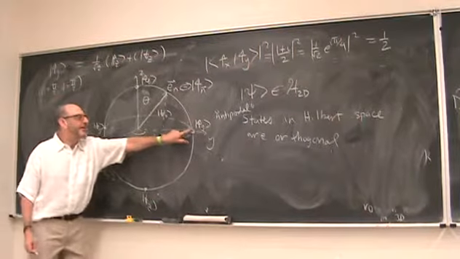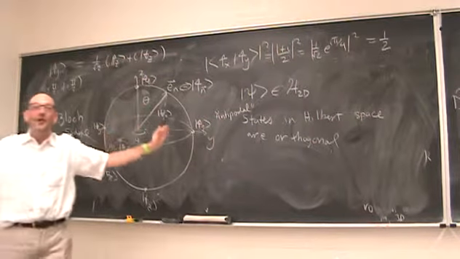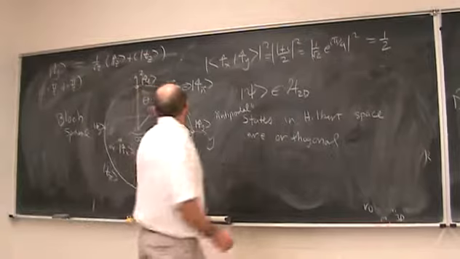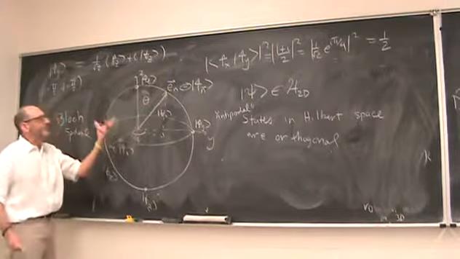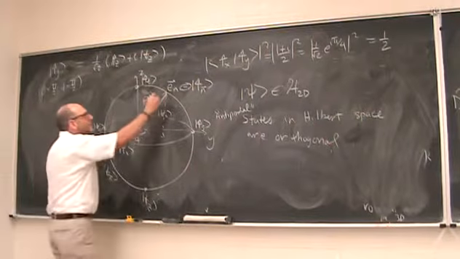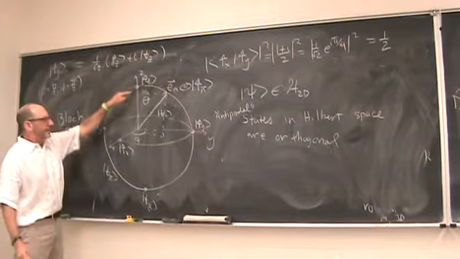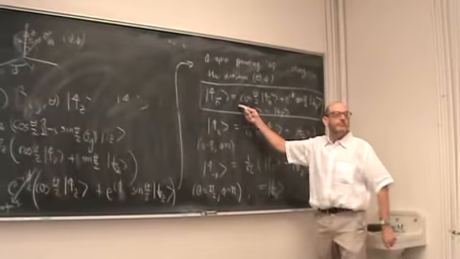This point on the equator is orthogonal to this point on the equator, so you have to double the angles. But what it says is that any point on the sphere is some superposition of this and this, according to this important formula.